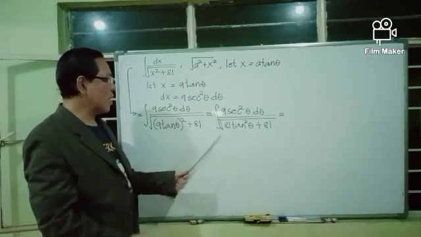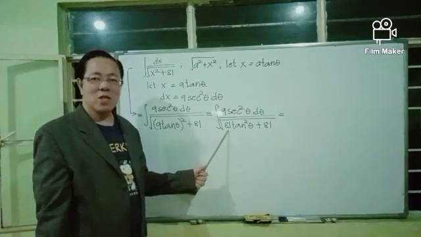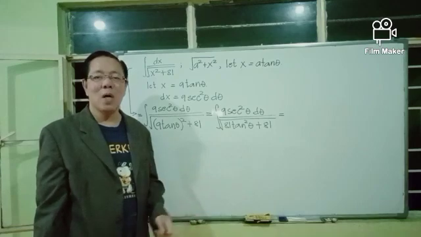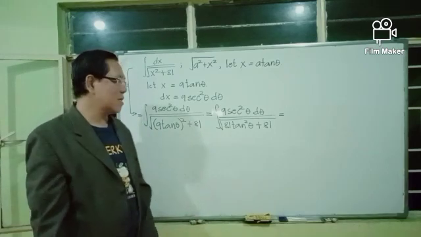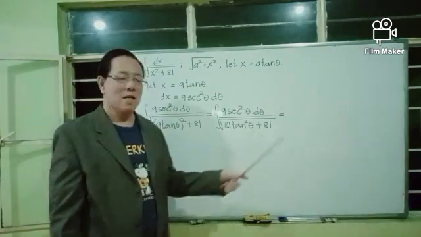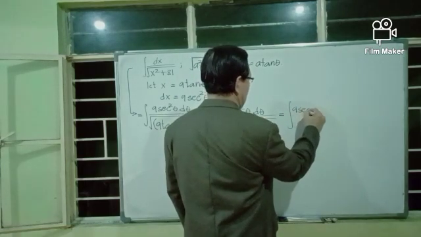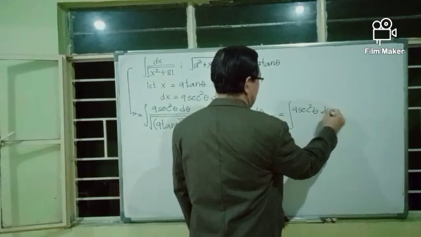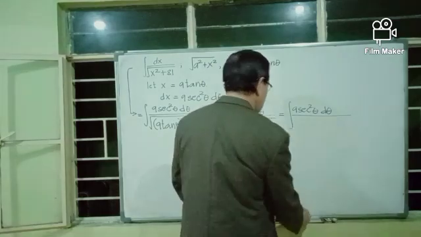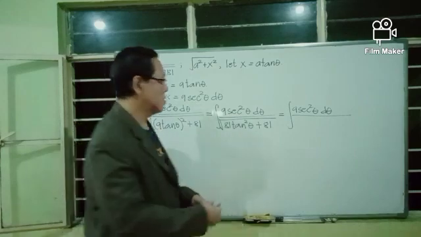And now you can see that we have a common factor in the denominator, which is 81. We factor out 81 and we will make use of another trigonometric identity, in particular one of the 3 Pythagorean identities. So this is now equal to the integral of 9 secant squared theta d theta, divided by the square root of, we factor out 81.